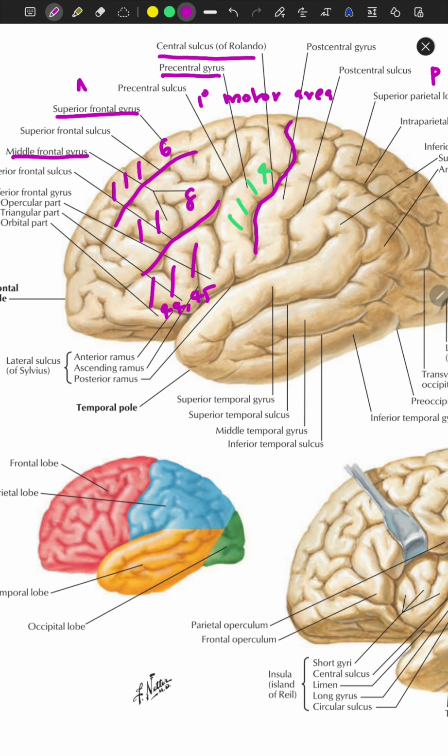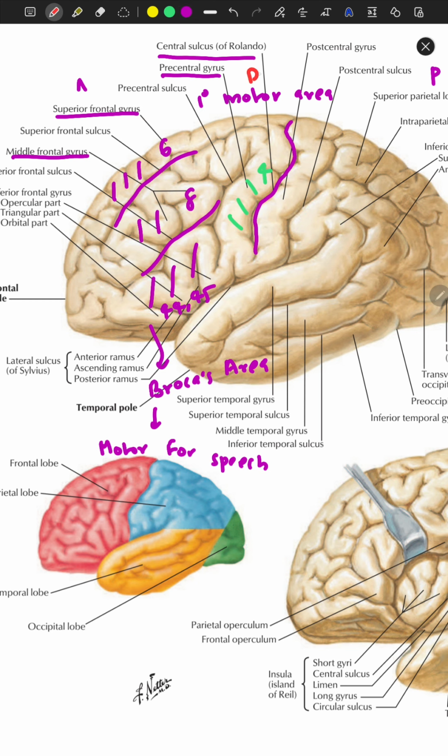The inferior frontal gyri is the region of Broca's area, where there is motor function for speech.